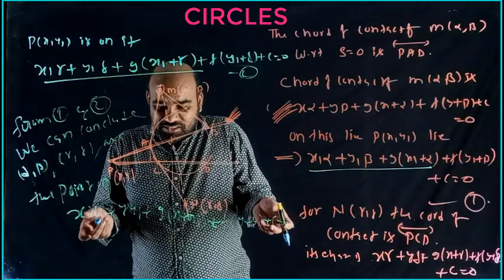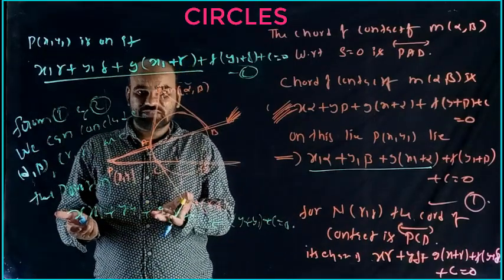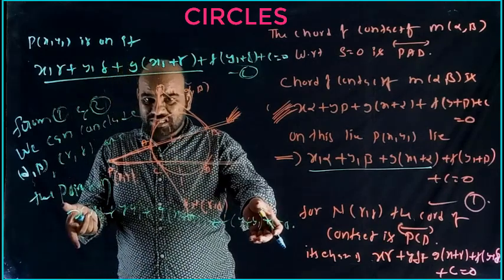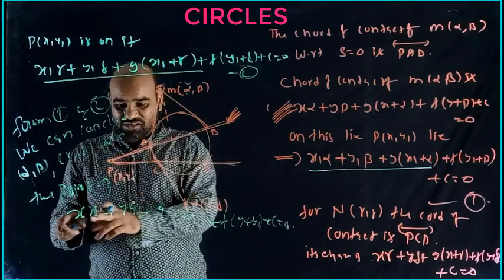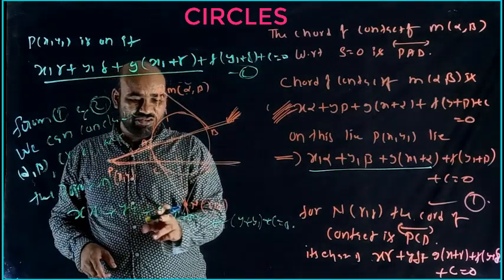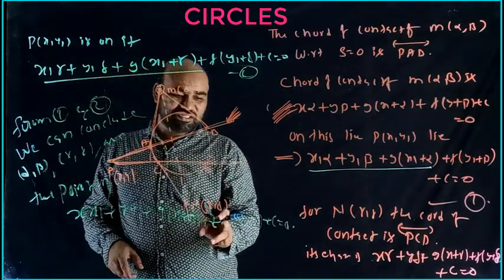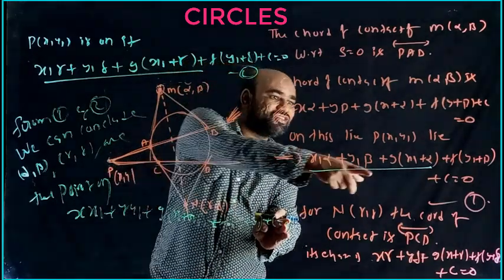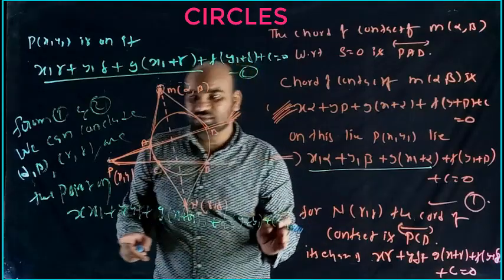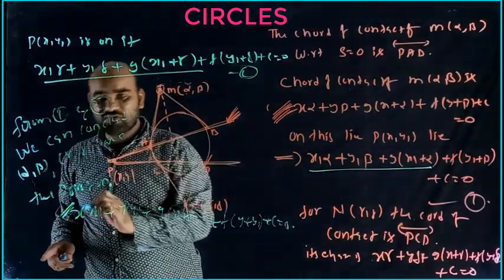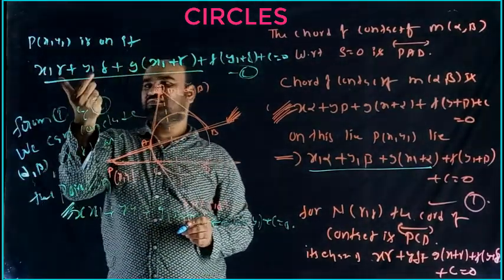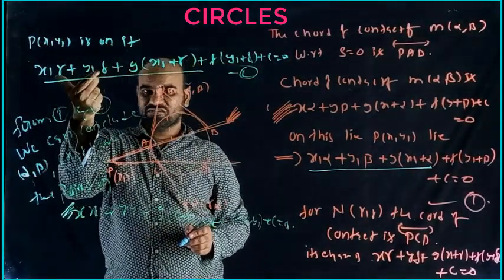Alpha comma beta is a point on this straight line, in the ax plus by plus c equal to 0 form. Put alpha comma beta: alpha x1 plus beta y1 plus g times of (alpha plus x1) plus f times of (beta plus y1) plus c. So this value is already 0. 0 equal to 0 means what is the meaning? On this line alpha comma beta is there. On this line gamma comma delta is there.